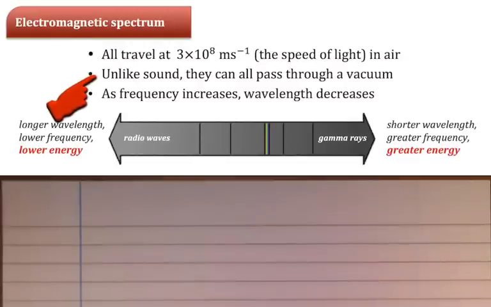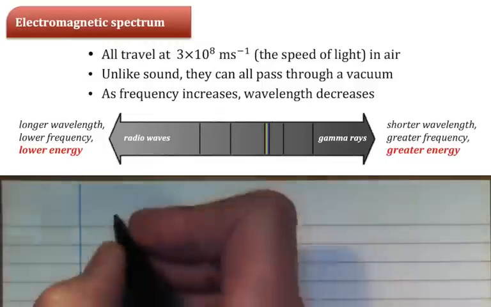Another difference between sound and the waves in the electromagnetic spectrum is that unlike sound, all of the electromagnetic waves can pass through a vacuum. And the other thing is, if they have in common a common speed of 3 times 10 to the power of 8, then as the frequency increases, the wavelength decreases.